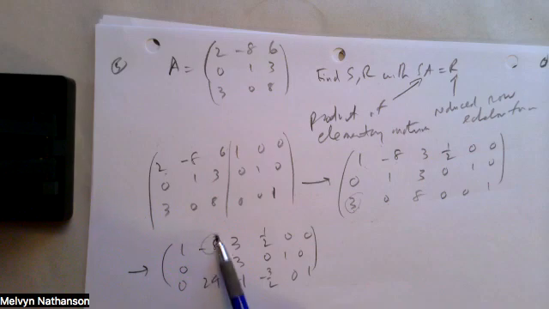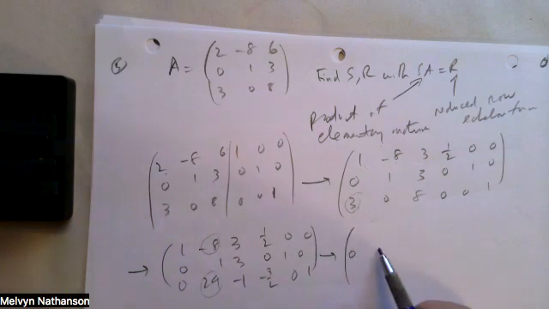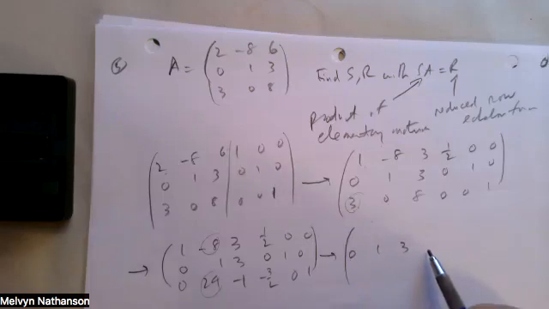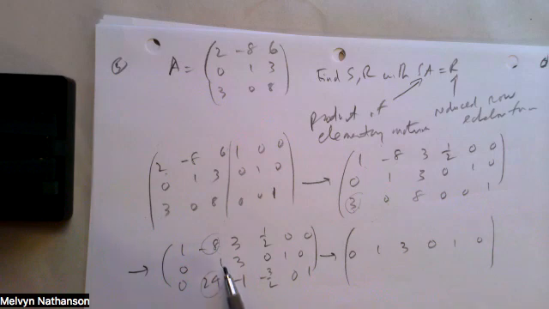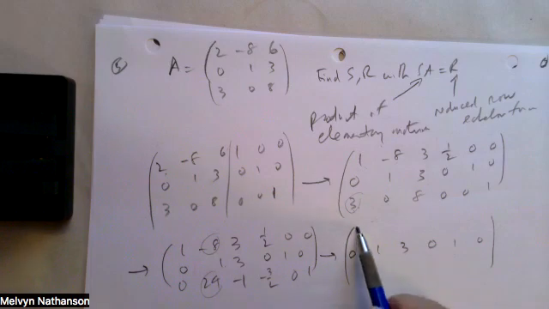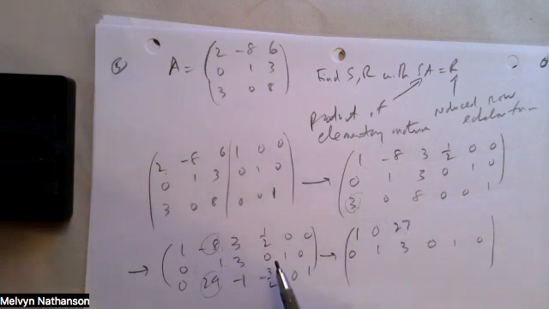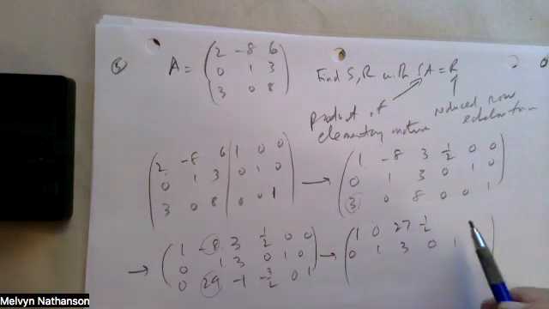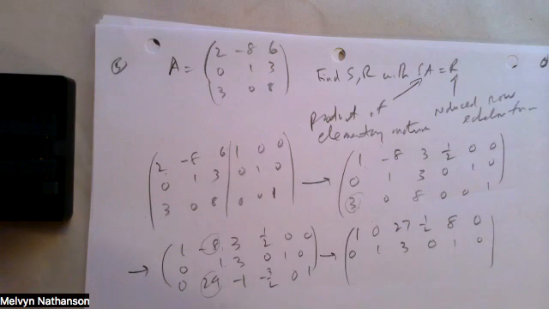Okay. Then I want to get a 0 in these two places. My middle row is okay. I can get a 0 here by adding 8 times row 2 to row 1. So 0 plus 1 is 1, and 8 minus 8 is 0. 24 plus 3 is 27. 0 plus a half is a half. 8 plus 0 is 8, and 0 plus 0 is 0.